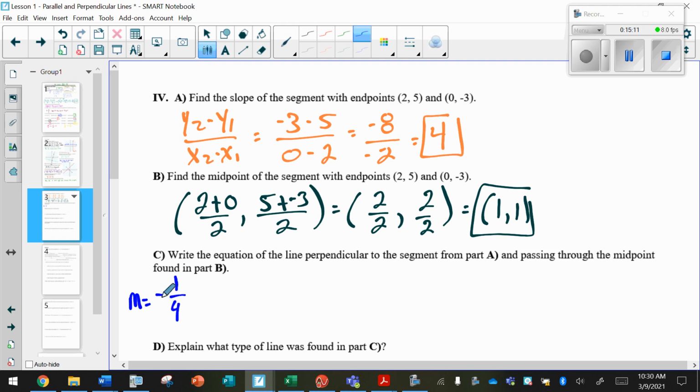And if it's going to be passing through the midpoint, then I'm going to do similar to what we did earlier. I'm going to use my y value of 1, my slope of negative 1/4, and my x value of 1 in order to find a y-intercept. So why don't you either go to your calculator or mental math, do the work with the fractions and figure out your y-intercept, and then we can write the equation.